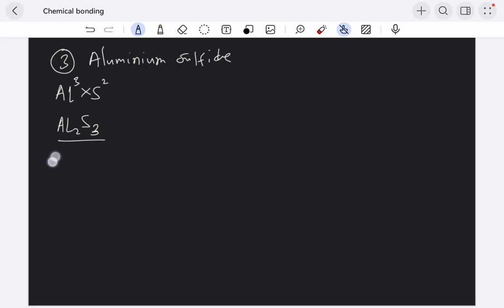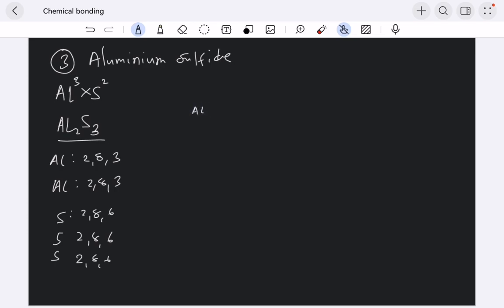So this tells us that we have 2 aluminiums with 2,8,3, 2,8,3. Then we have 3 sulfur, 2,8,6, 2,8,6, 2,8,6. So how do we demonstrate this bonding?